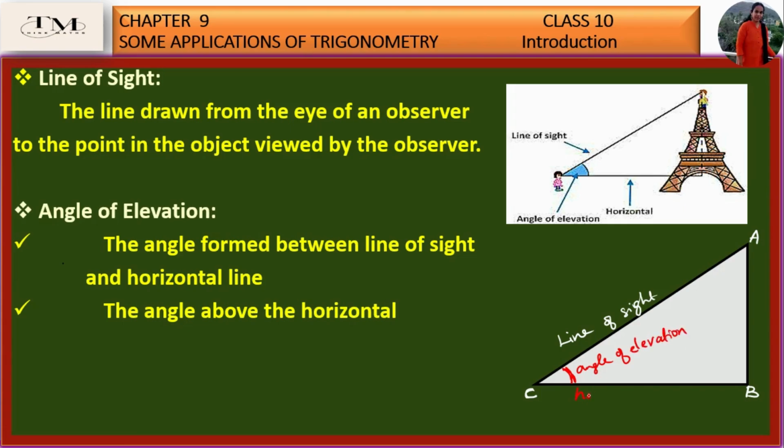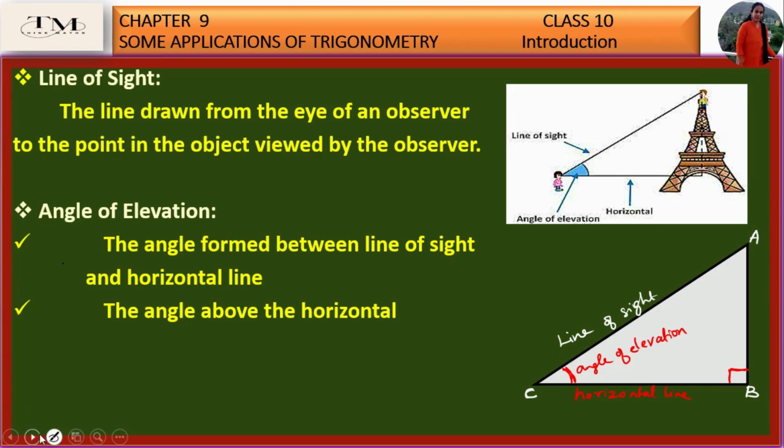BC is the horizontal line, and this makes 90 degrees. Children, these are the things about line of sight and angle of elevation.